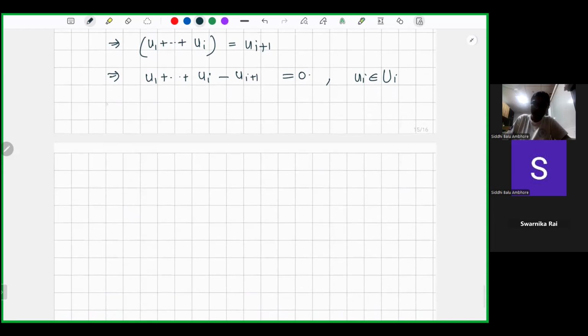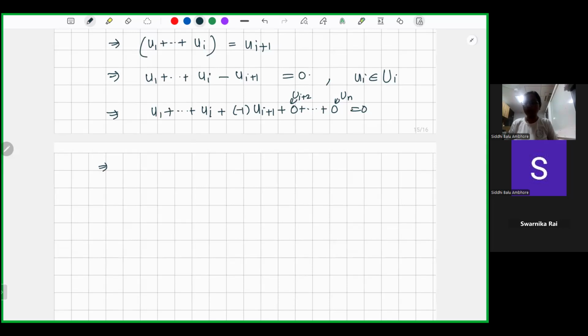And if I try to write this as a linear combination, ui plus minus 1 into ui plus 1 plus 0 plus 0. So this 0, when I'm writing here, this is ui plus 2. This 0 is in Un. And this is an expression of 0 which is other than what we say.